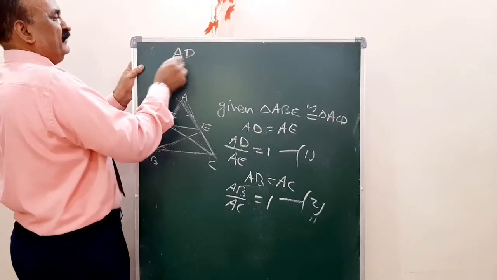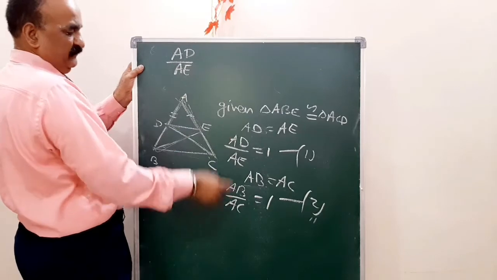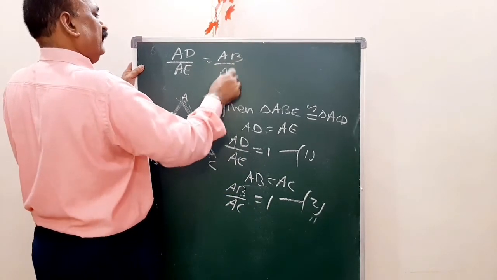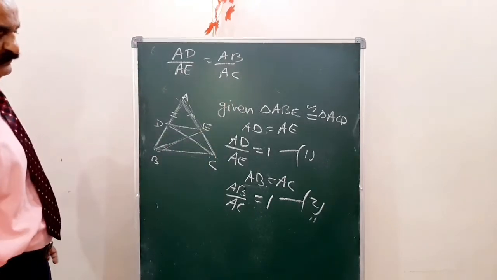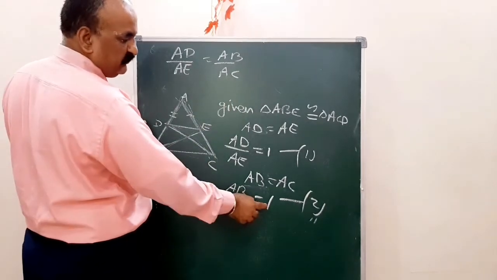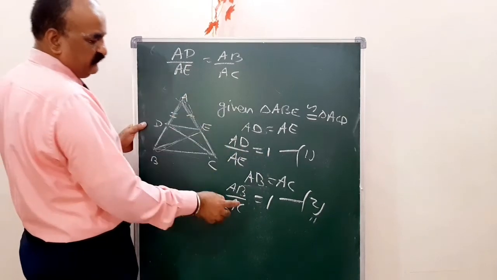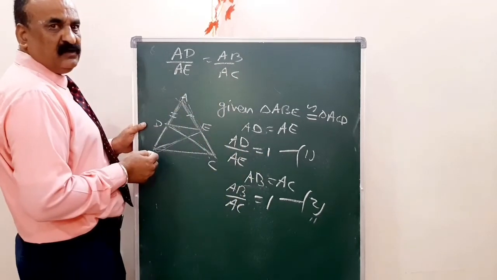That is, AD upon AE is equal to AB upon AC. AB upon AC is equal to 1 and AD upon AE is equal to 1. Therefore, you can write AD upon AE is equal to AB upon AC. Okay?